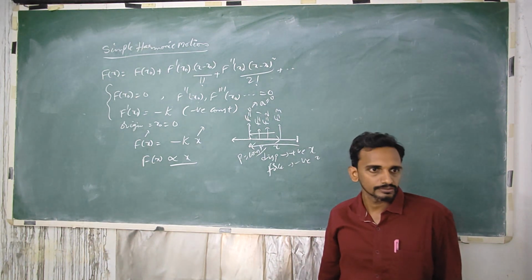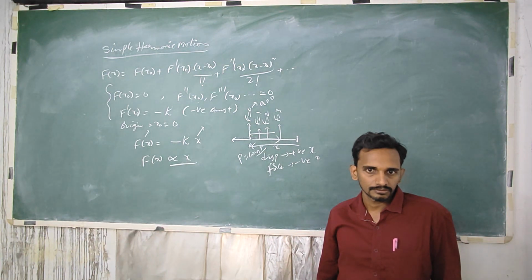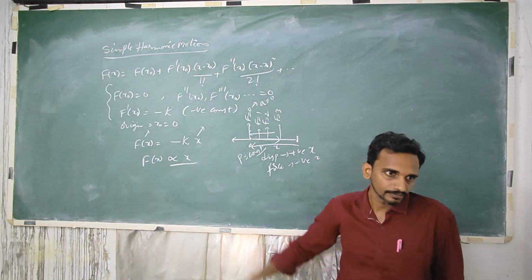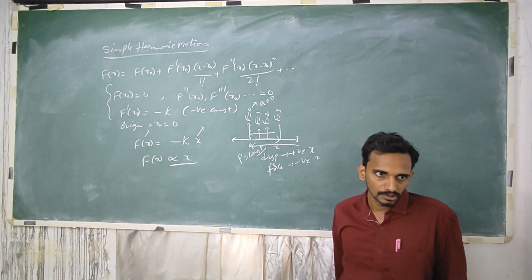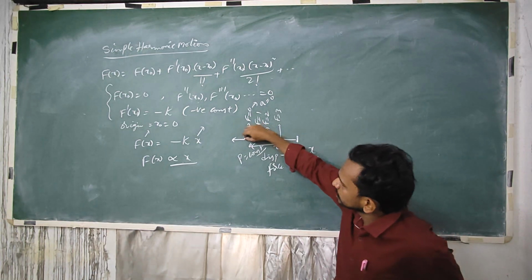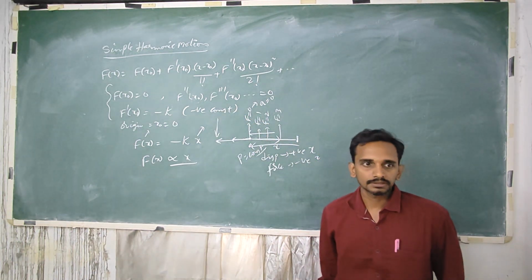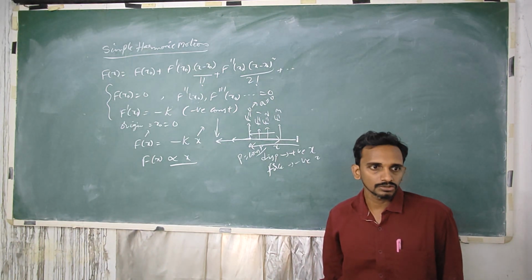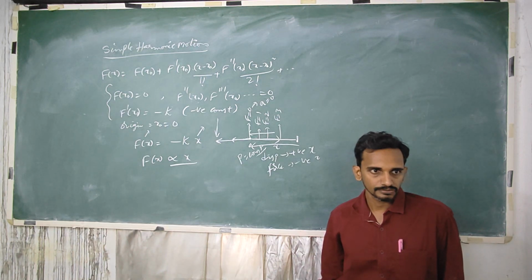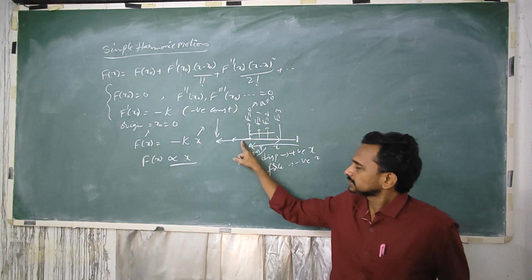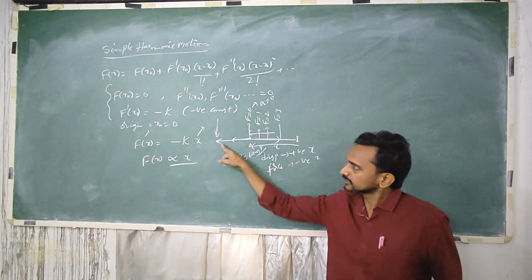How far will it go? There is a restoring force always acting. So it continues to a distance where whatever energy it has is sufficient to balance with the restoring force. As long as it continues to move to the other end, the restoring force will be pulling it back.